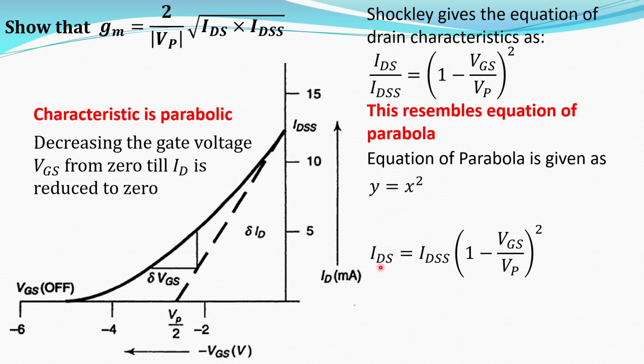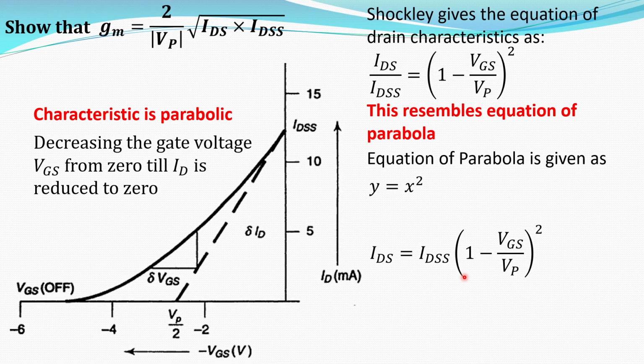So we are writing the drain current in terms of the equation of a parabola. We know that ID is the drain current, and IDSS is the saturation drain current. Therefore, ID is equal to IDSS into 1 minus VGS by VP, the whole square. This is the drain current equation for only the JFET amplifier, and for the MOSFET amplifier there is a different ID value.